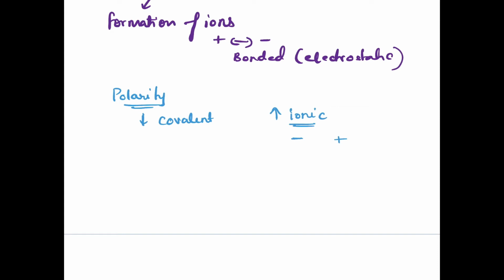So electropositive in the sense you have a metal and you have an electronegative, that is a non-metal, participating in the bond formation. That is the condition which is required. So you have sodium Na plus, a metal, an electropositive element, and Cl minus, an electronegative element.